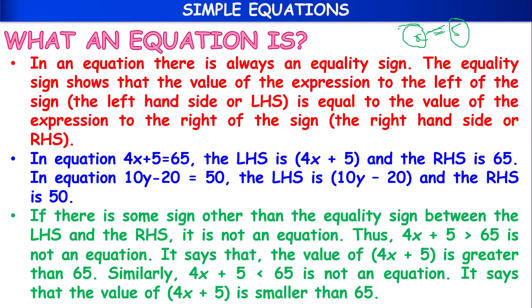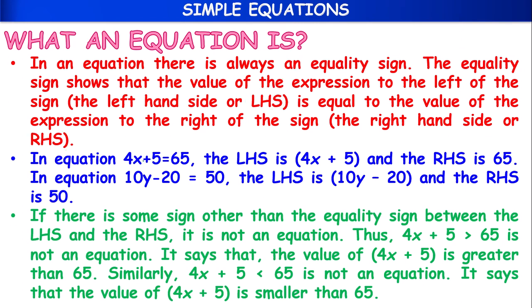The left hand side value is termed LHS, and the right hand side value is considered RHS. So the equality sign tells us that LHS is always equal to RHS.